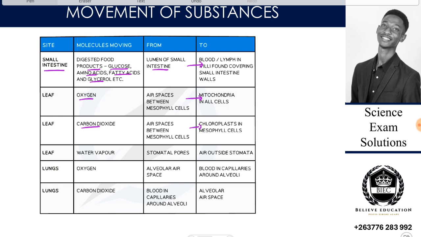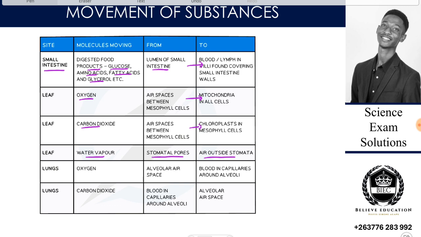Then photosynthesis takes place, and food is produced. Then in the leaf we also have water moving via the stomatal pores to the outside of the stomata, in the process we call transpiration, whereby the plant gives off water.